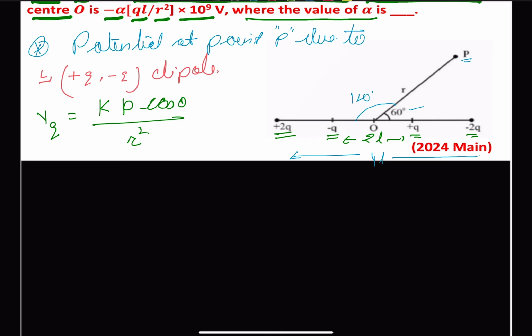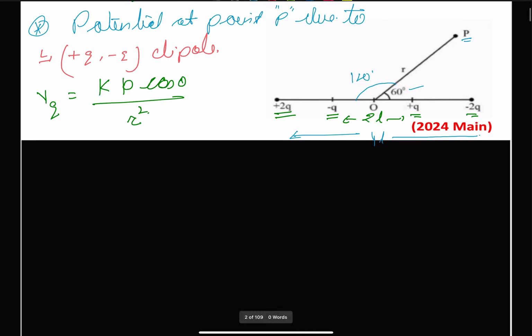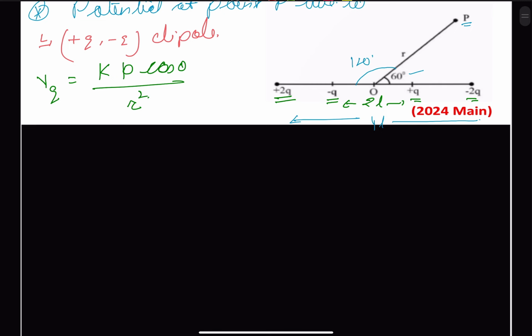And P is our dipole moment, and in this case that will be equal to Q multiplied by 2L. So we simply substitute it, we get Vq is equal to K upon R square, P comes as Q multiplied by 2L, and we have cos of 60.